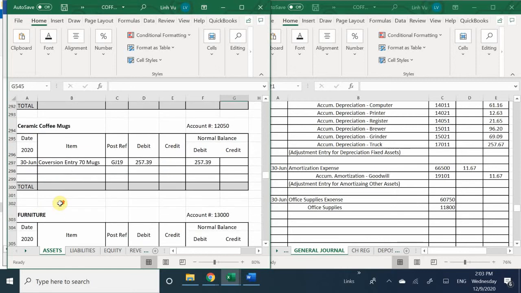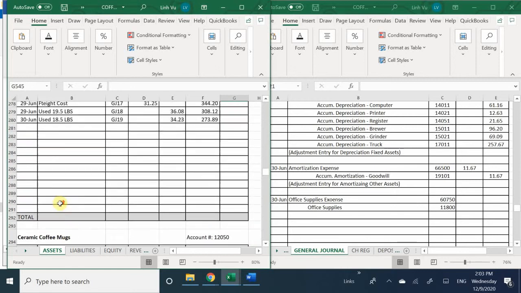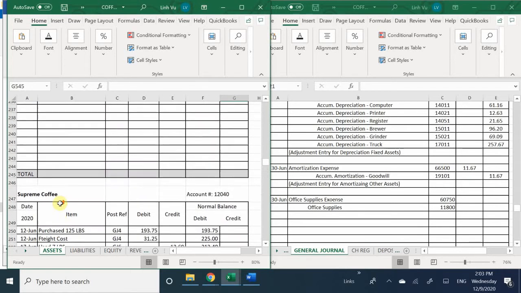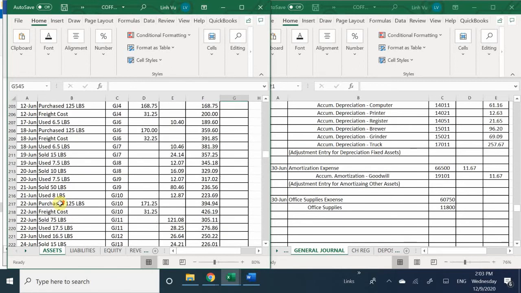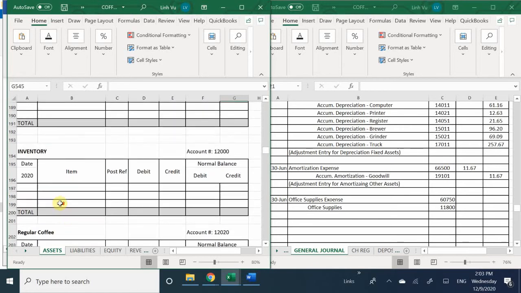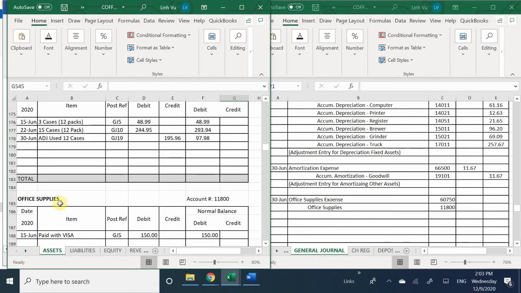Office supplies, equipment. And all we have on office supplies is the office supplies paid with Visa, $150. Yes, that's it.